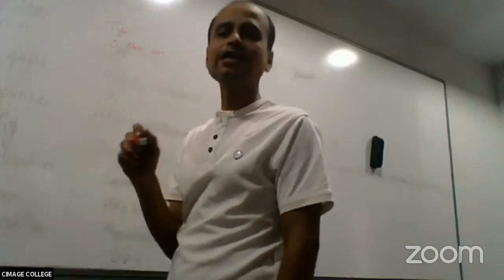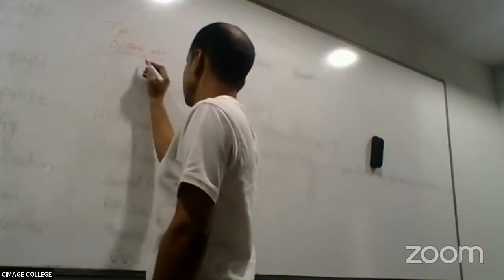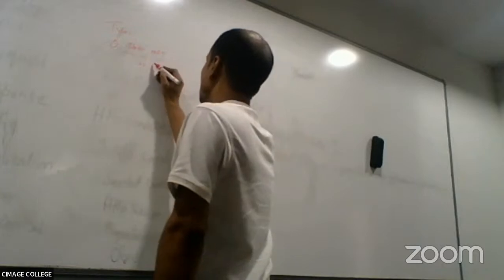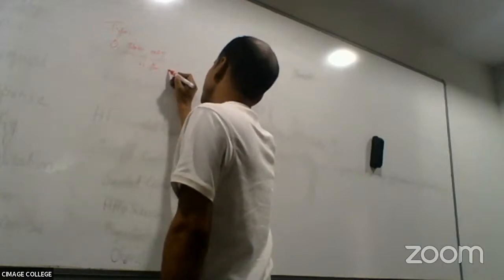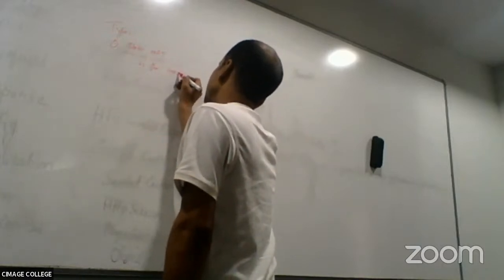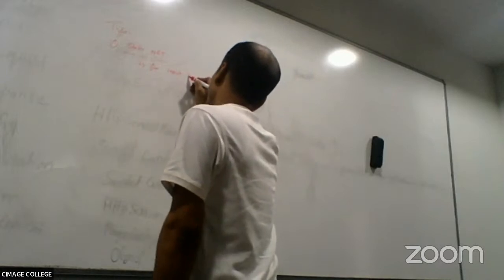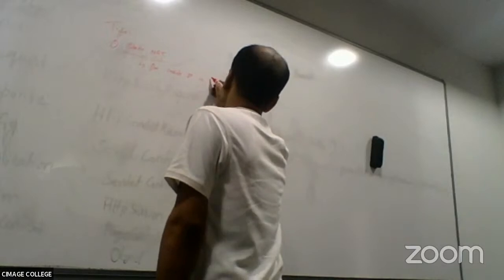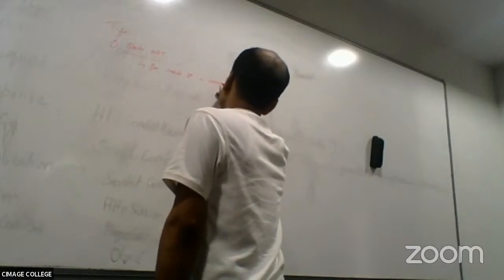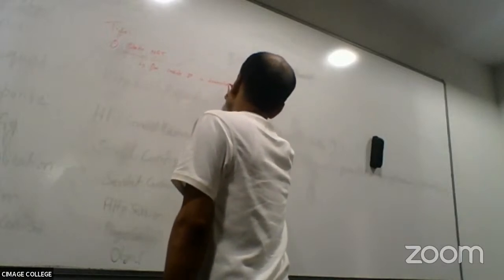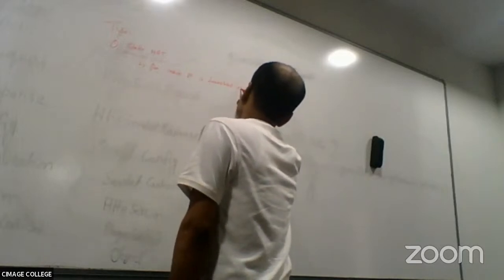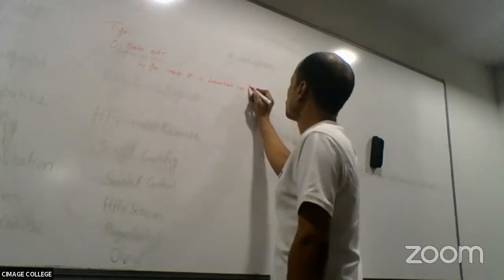But in case of static NAT, first point, one inside IP is translated into one outside IP.